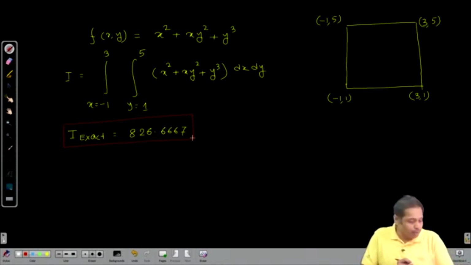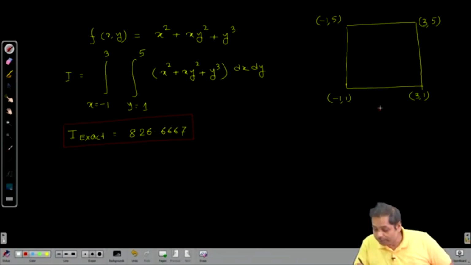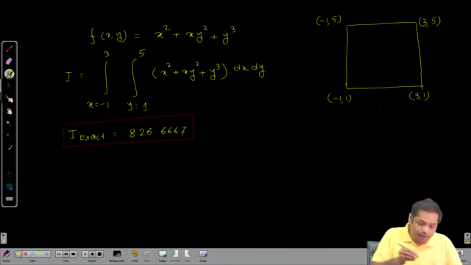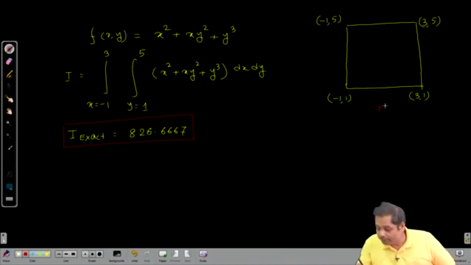So first, if we recall the Jacobian, we have to find a map. This is the physical domain.